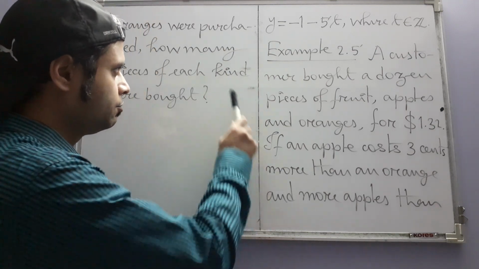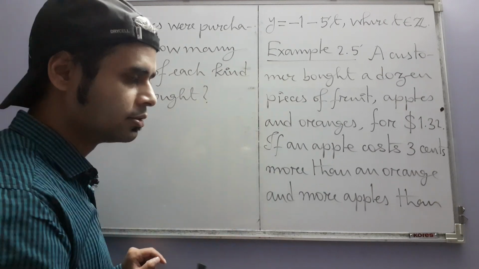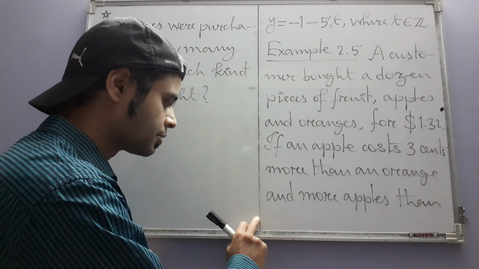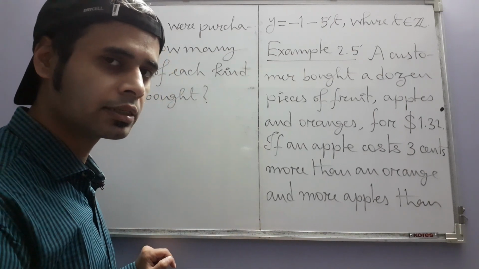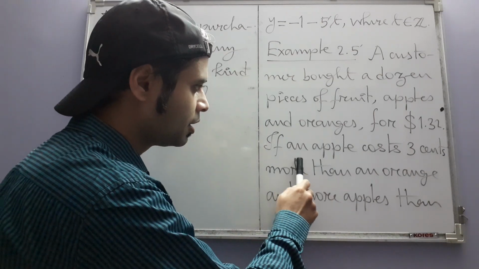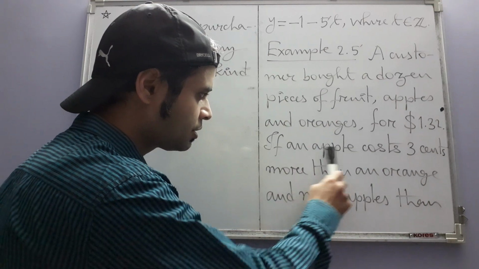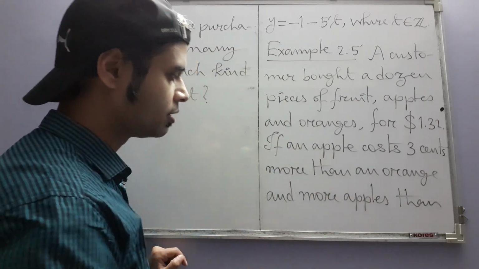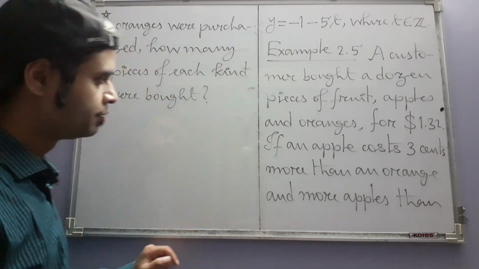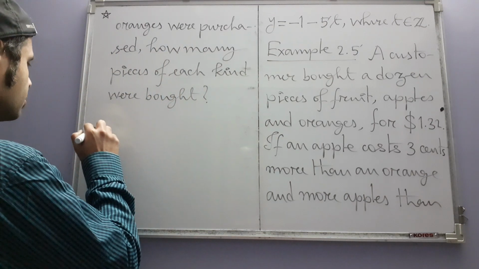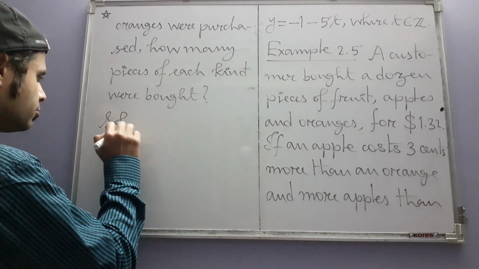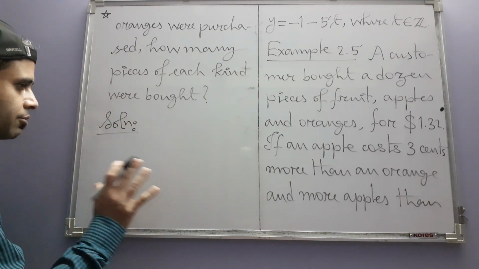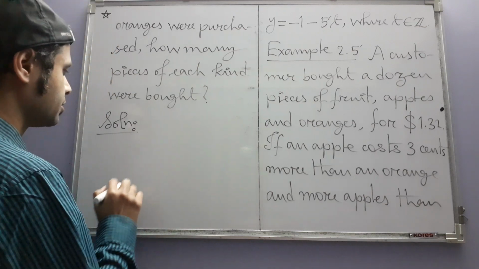Note that we have to find two things: the number of oranges purchased and the number of apples purchased. But something else also is there that we don't know, namely how much an apple costs, or for that matter how much an orange costs. That also we don't know. So I am writing it as a solution, not formally, but we are just going to see the equations.